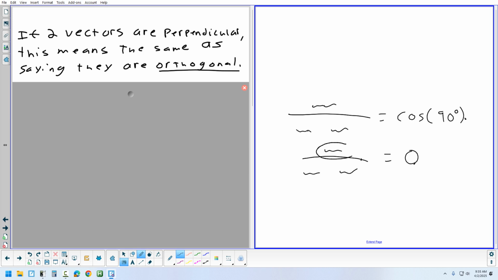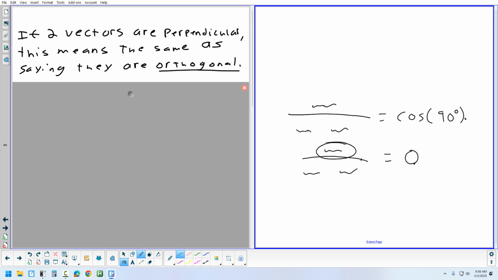What is in our numerator on the left-hand side in general? Think about when you're finding an angle, what's in the top? U dot V, vector dot vector. Yeah, the dot product.